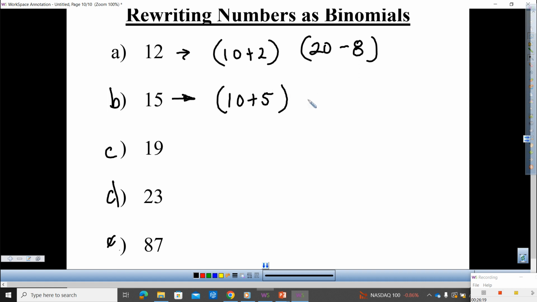All right, so with that said, that's with 10. What if we go to 20s? Tell your neighbor what it would be with 20. All right. Jacob, what do you think? 20 minus 5. Have you got that?